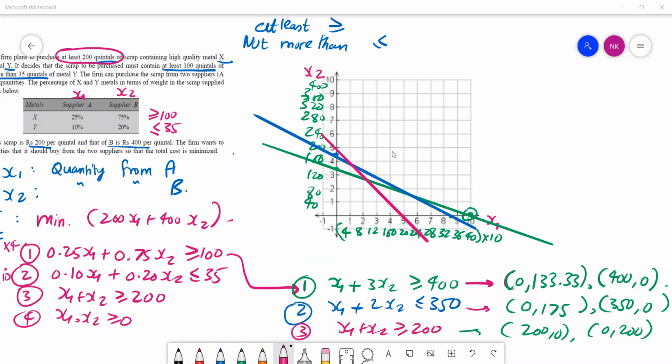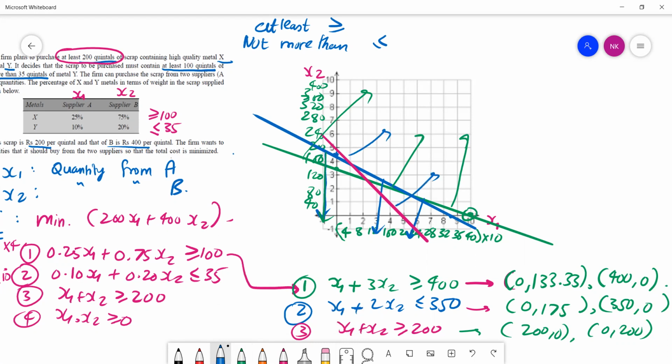So for the first line, that is the green line, it's greater than or equal to. So for the green line, it will be the above region. For the blue line, it will be below region. And for the pink line, it will be the above region again.